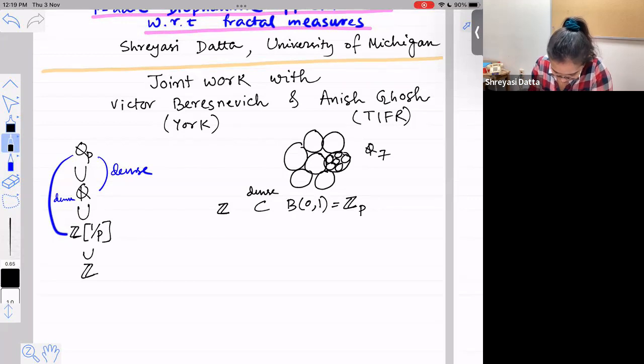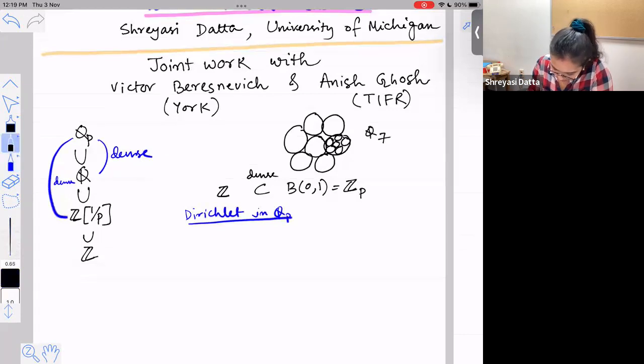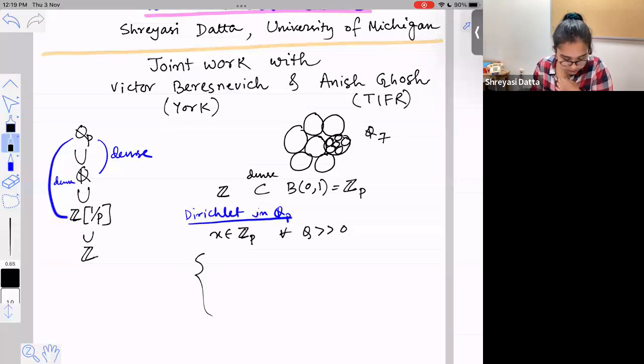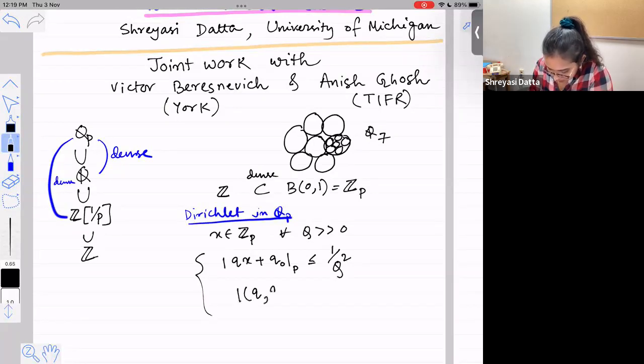So the right Dirichlet's theorem is something like this. You take any x in Z_p, then for all Q large enough, you can always get a solution to these two inequalities. You have the p-Adic norm of qx plus q_0 less than or equal to 1 over Q squared, and the infinity norm of (q, q_0) less than capital Q. And this should have a non-zero integer solution.